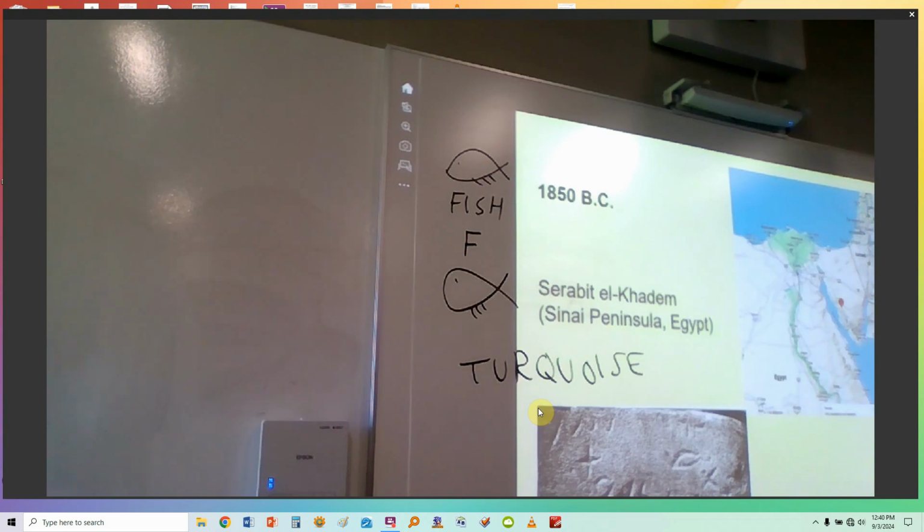It's almost like an alphabet, but not really. If you needed to spell foreign words in Egyptian, well, there was no picture for it, but you still needed to spell it. So they came up with other symbols to do that. And these seem to be related to those symbols, but now they're being used to spell actual words out. And so the archaeologists were able to decipher what some of these characters meant.